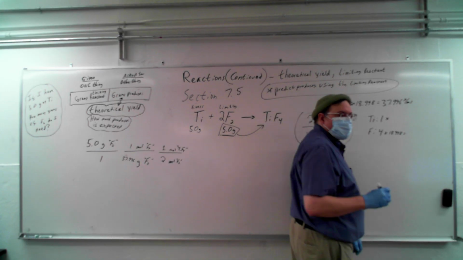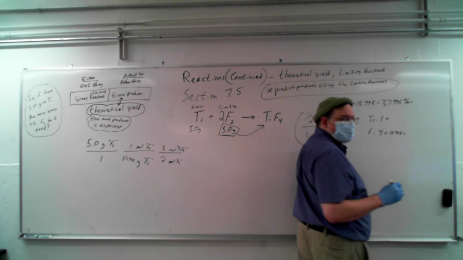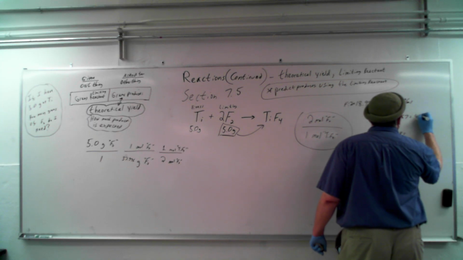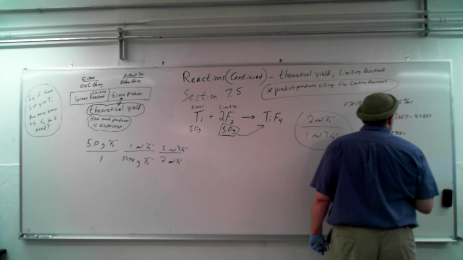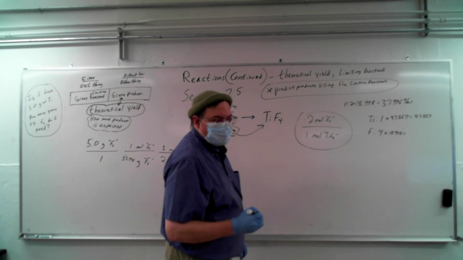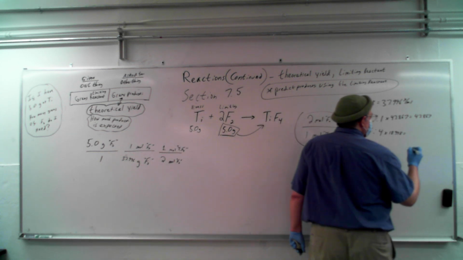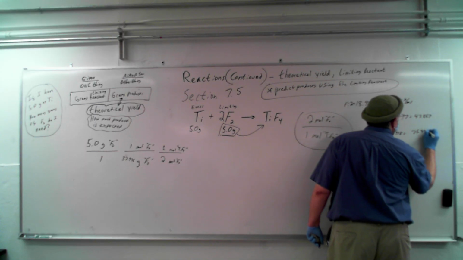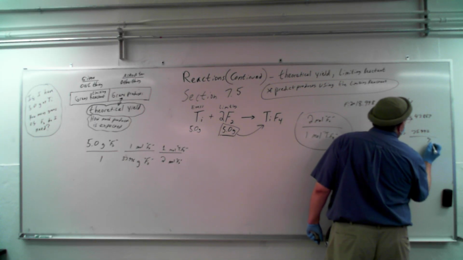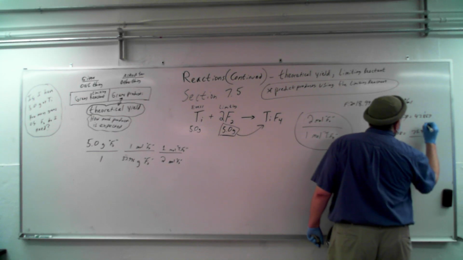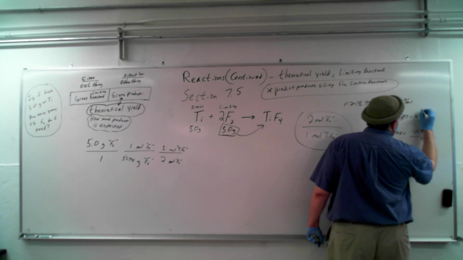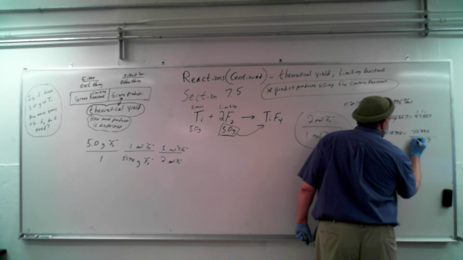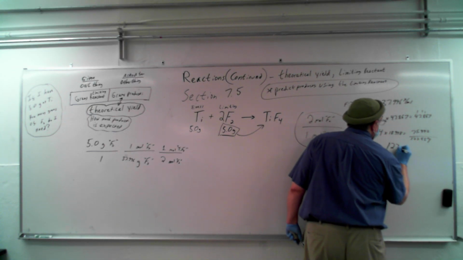What was Ti off the periodic table? It is 47.867. And what is 4 times 18.998? 75.992. Plus 47.867, I think I did that right. 123.859.